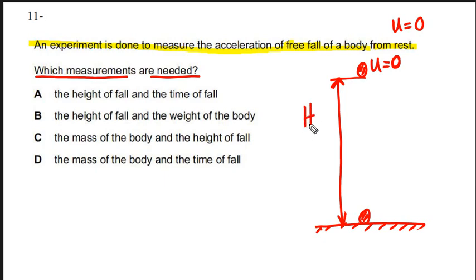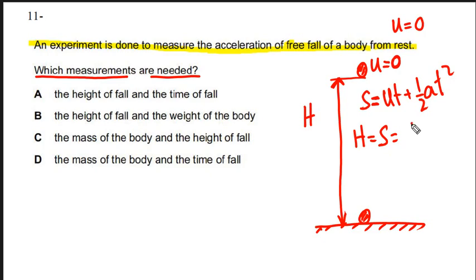In this case, as we have h and we have u, we can use a kinematic equation, because acceleration is uniform. So s is equal to ut plus 1/2 at square. In this case s is equal to h.